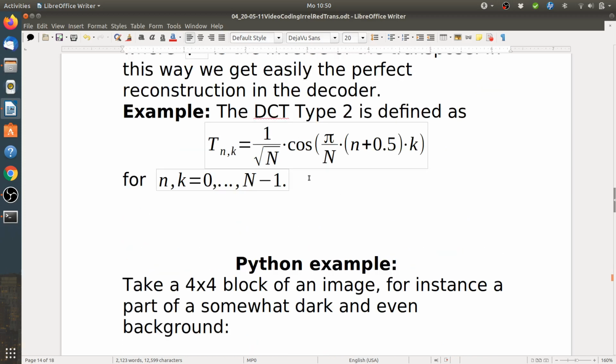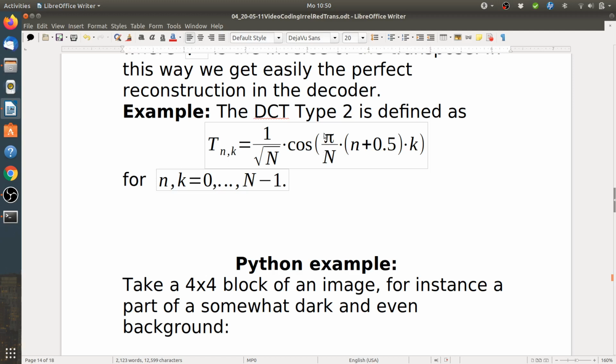So here's now an example for the DCT type 2. This is defined as this transform matrix. Here we have the T, and entry n, comma k is defined by this formula. Instead of an e to the j something, we have the cosine, in principle the real part of the e to the j something.